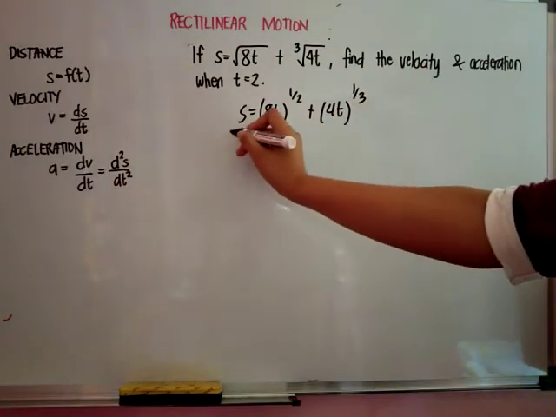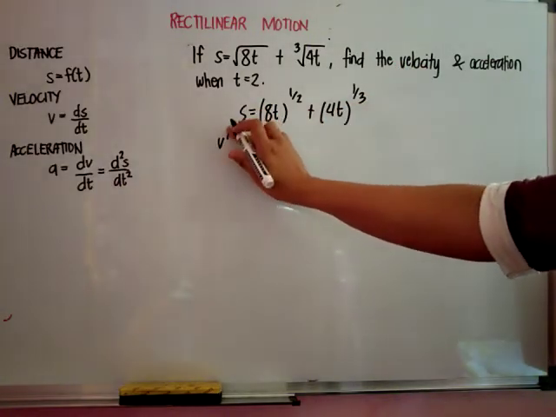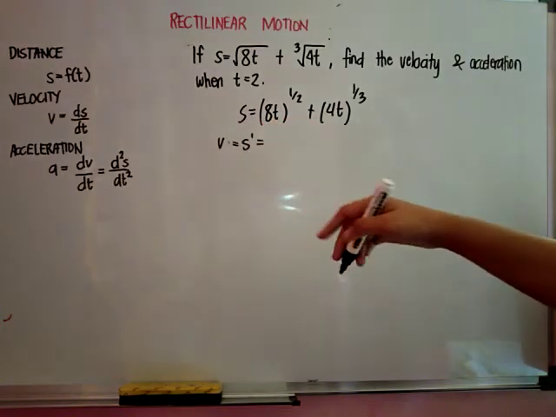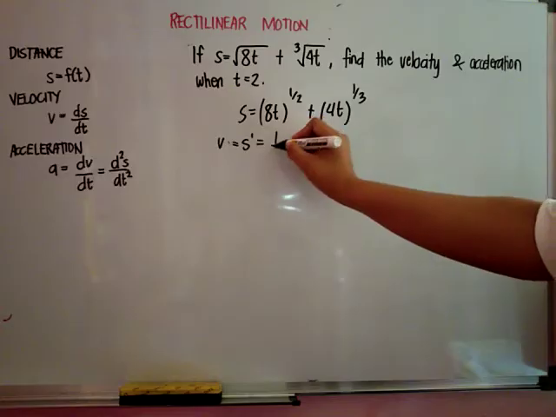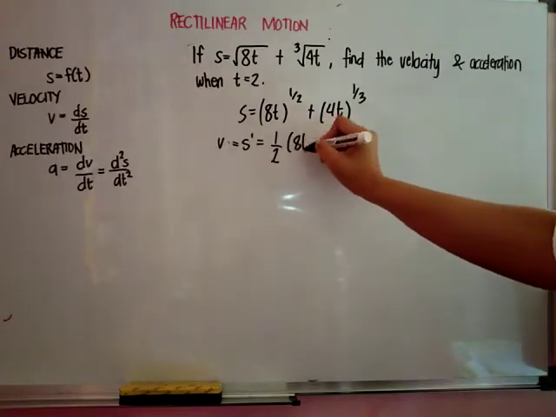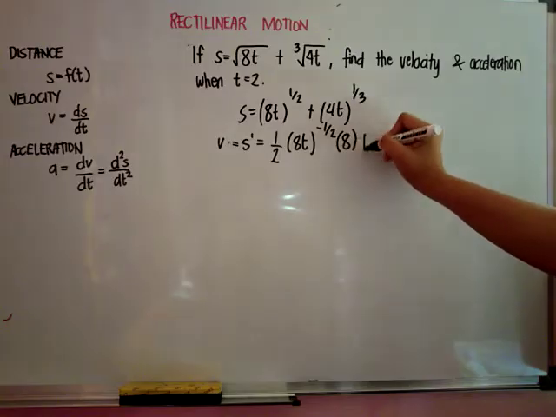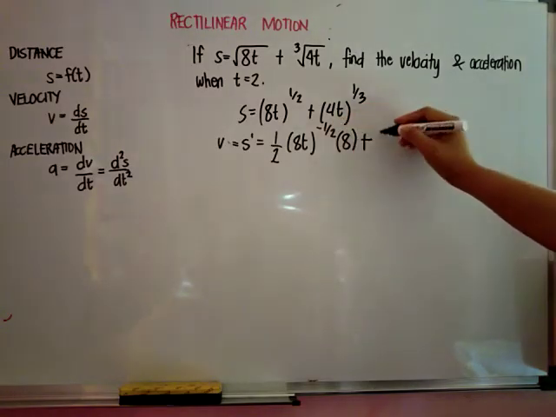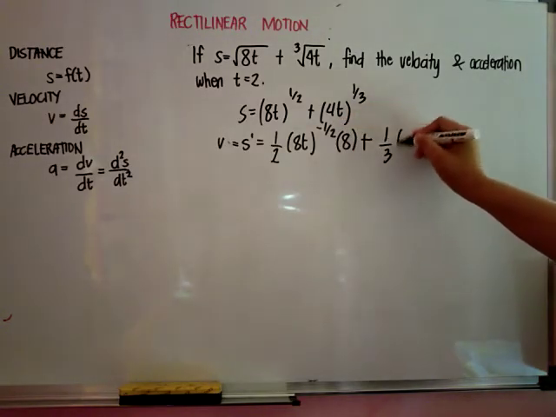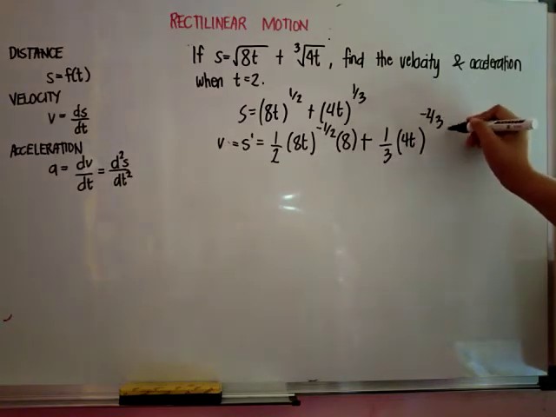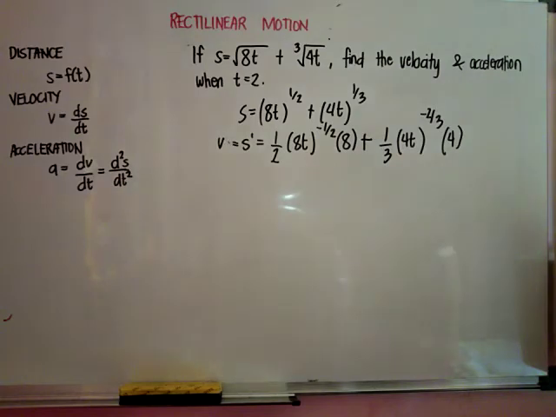So, we have the velocity is equal to s prime. Yung first derivative ng function ng distance natin. So, we have 1/2 8t raised to negative 1/2 times 8. So, plus the derivative nito, 40 is 1/3 times 40 raised to negative 2/3. Then, we have times 4.